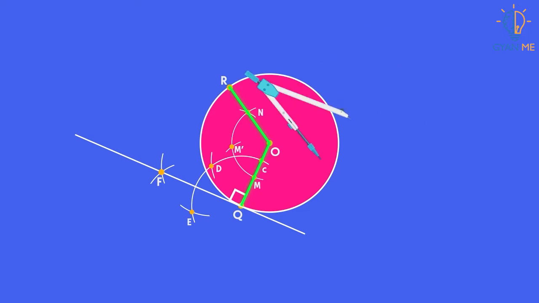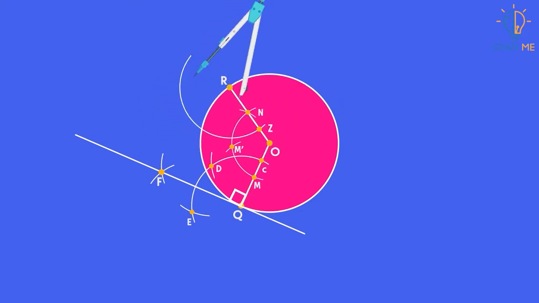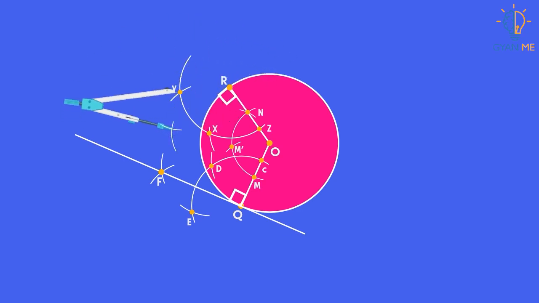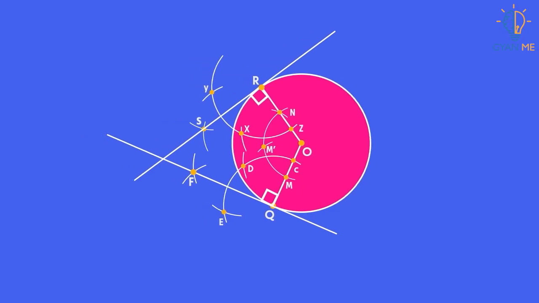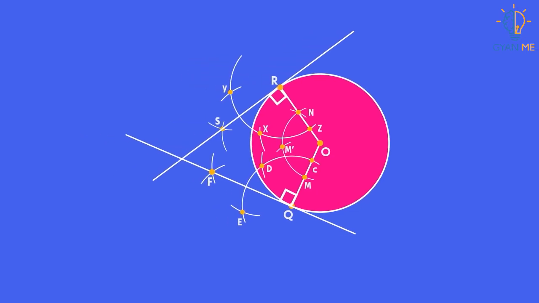Now draw a perpendicular line to OR at the point R, just as we did for point Q. Again, considering OR as the radius, line RS is the second tangent to the circle, since radius and tangent are perpendicular to each other.